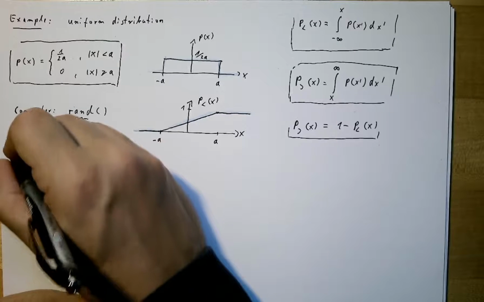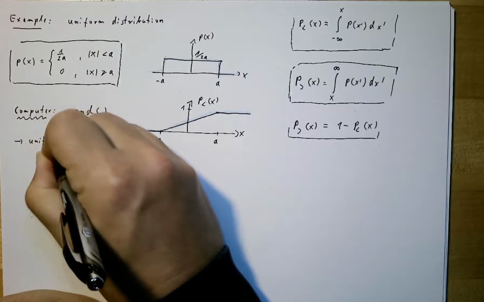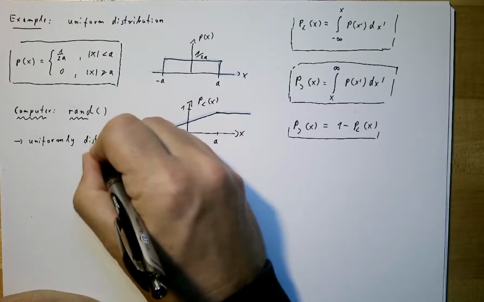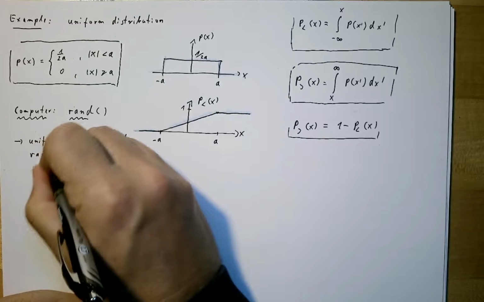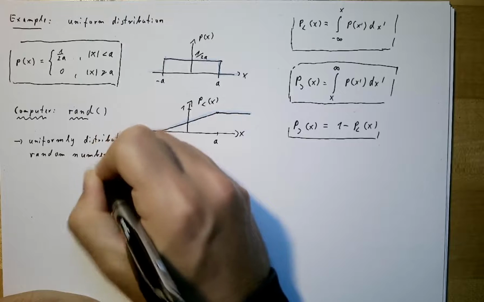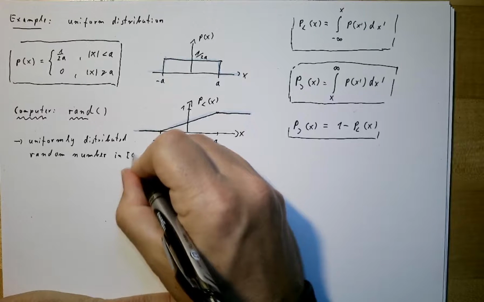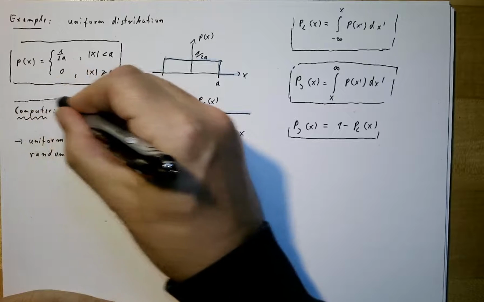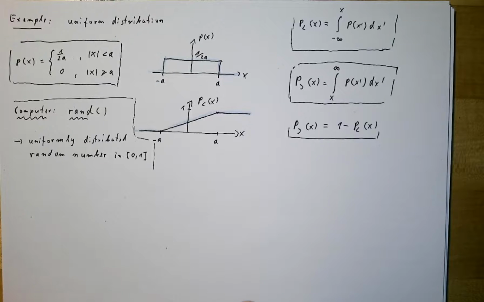This gives us a uniformly distributed random number in the interval 0 and 1. So this is what the computer gives us.